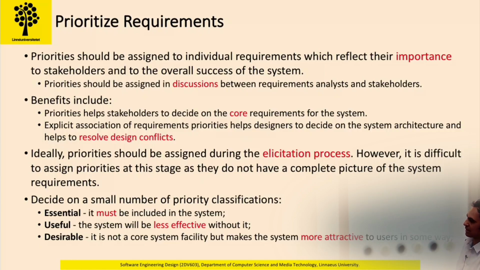Useful requirements are those that you could have, and it will be good to have them, but it will not be a big problem if you don't. Desirable requirements are those that you can optionally leave out of the first delivery phase, for example, but could be delivered later, like improving the visibility or user interface.